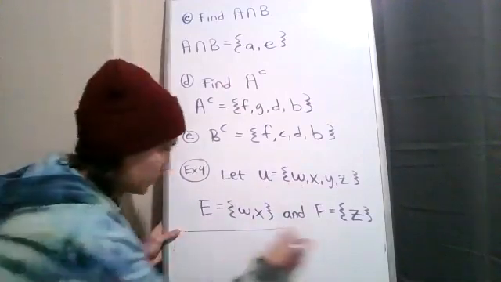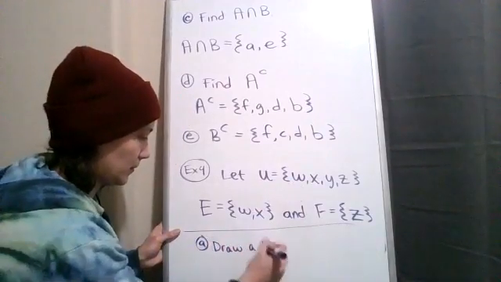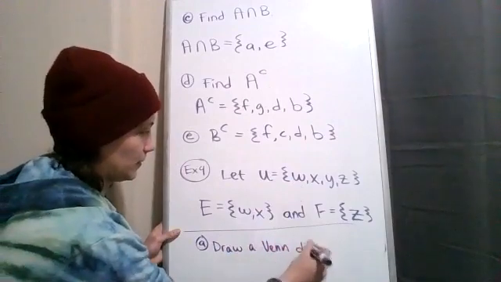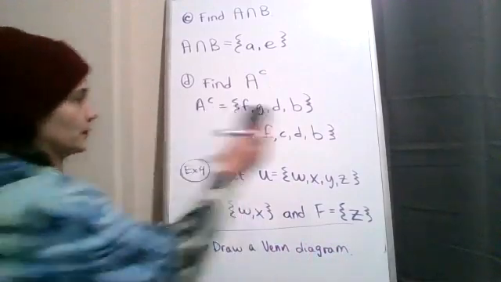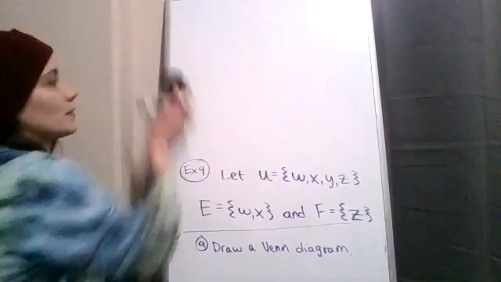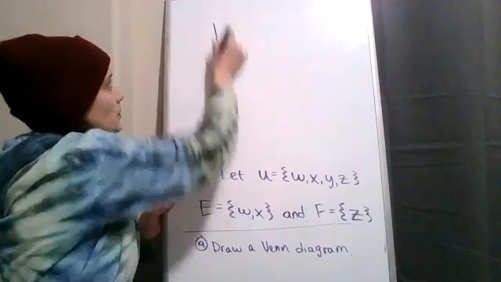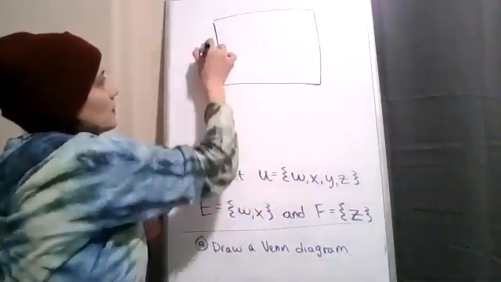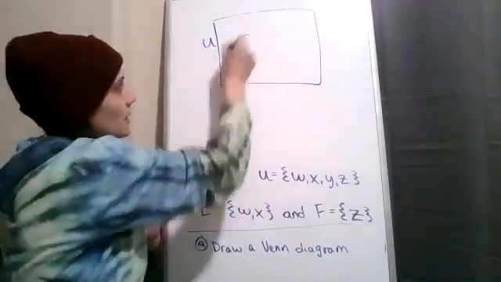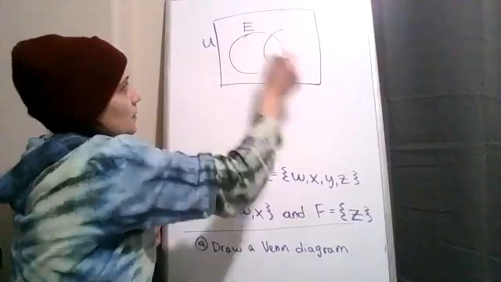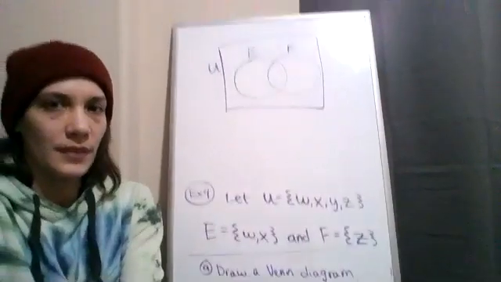So we draw the Venn diagram for part A. Universe is usually a square shape. Your subsets are E and F.